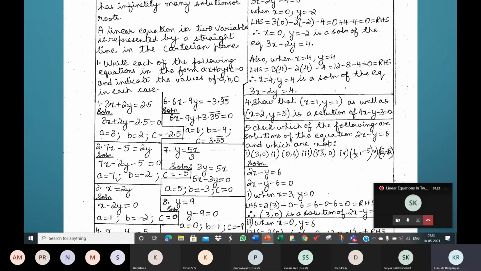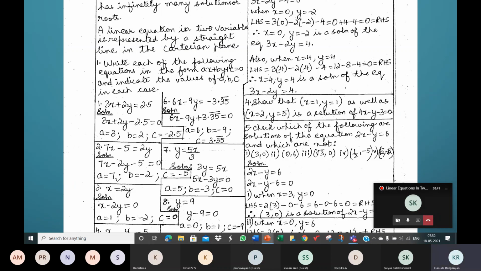Now on the face of the equation, there's only one variable x. So it is a linear equation. It is linear because the power of x is 1. So on the face of the equation, it is a linear equation in one variable x.